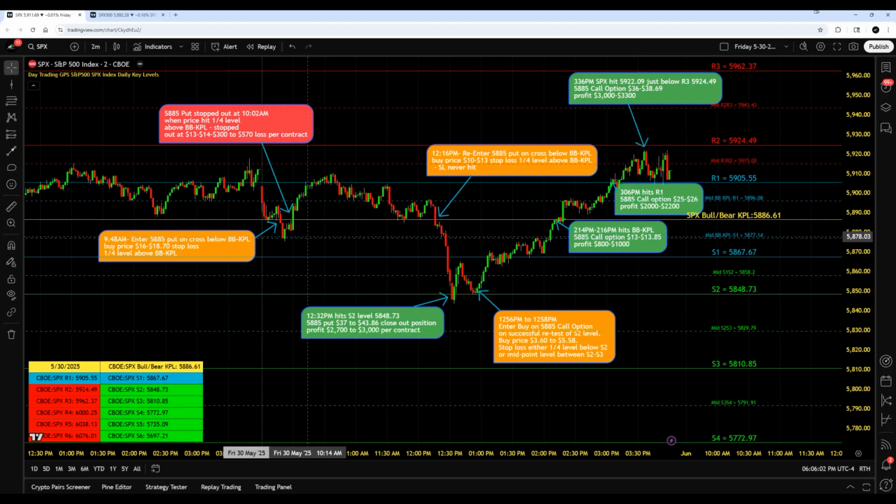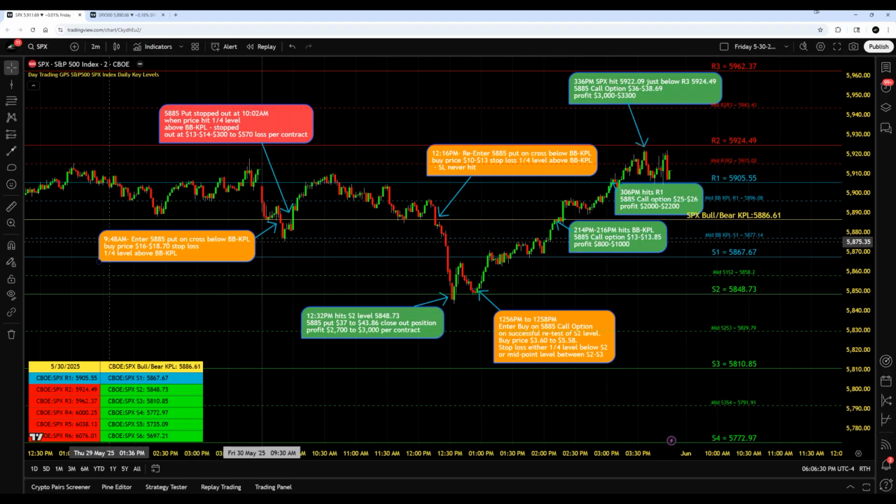So at least from my viewpoint, what I was looking for here is a clear indication off of this bull bear key price level for today, 58.8661. So I'm looking at either 58.85 puts or 58.85 calls.